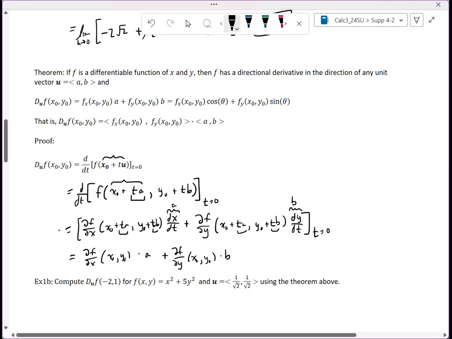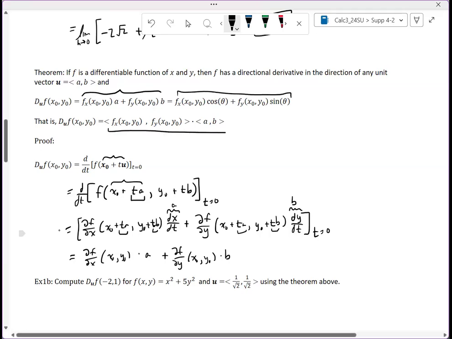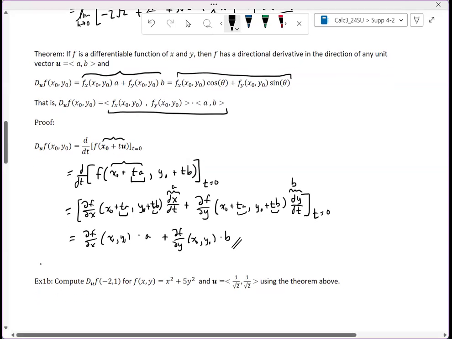And that's exactly what we wanted to show. The other bits, this piece with cos theta and sine theta, and this piece with the dot product, are just other ways of writing that same thing. So that completes our proof of that theorem. As an aside, your book does it a slightly different way, so there's a couple of different ways to approach this proof.